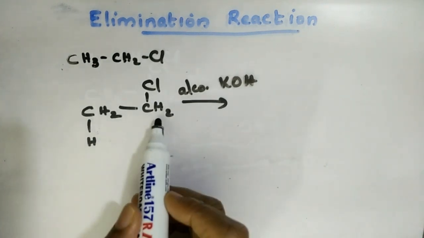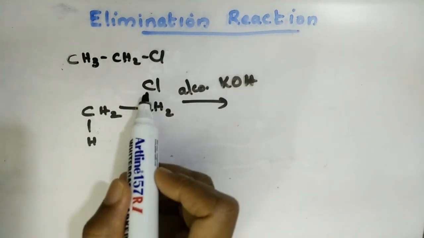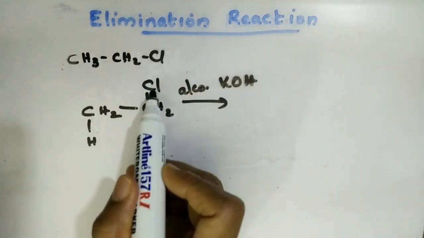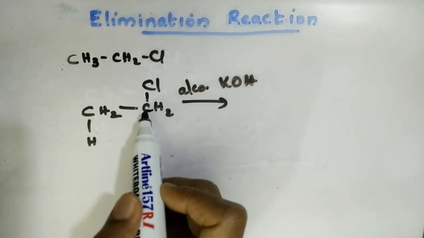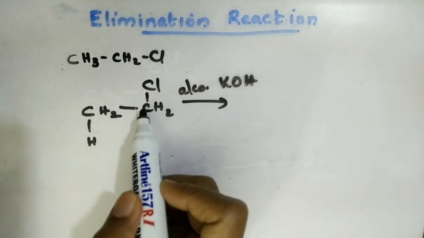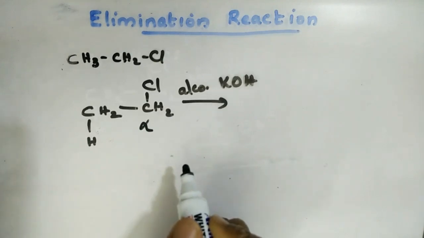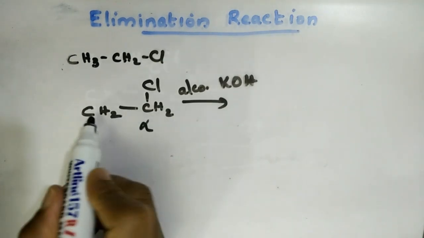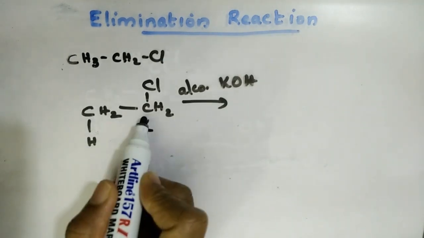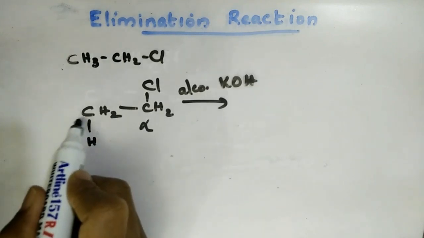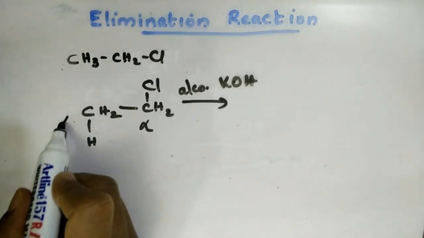This carbon atom is directly attached to the functional group Cl, that is chlorine, and is called alpha carbon atom. And the carbon atom which is attached to the alpha carbon atom is called beta carbon atom.